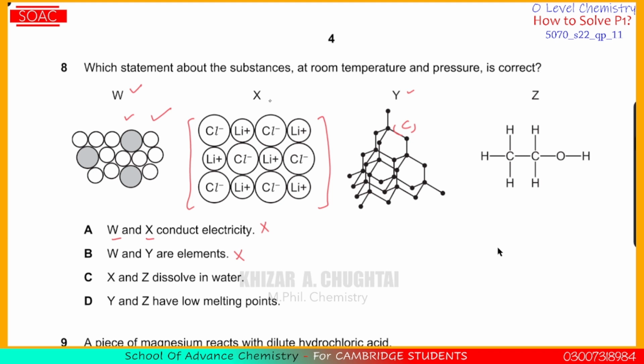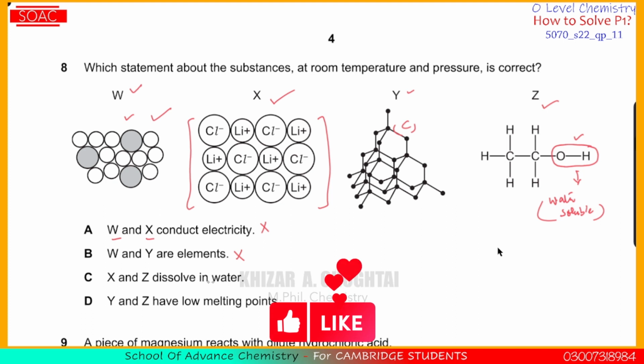X, lithium chloride, is water soluble. Yes, it is true. And alcohol is also water soluble. Any organic covalent compound that has an OH group is water soluble. So yes, X and Z dissolve in water. So C is the correct option.